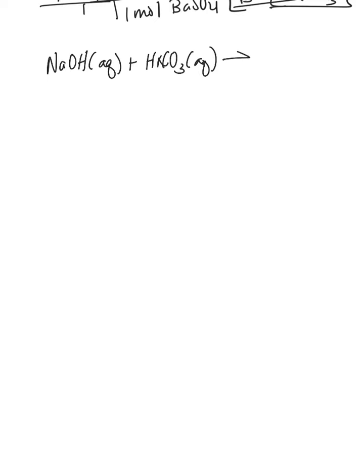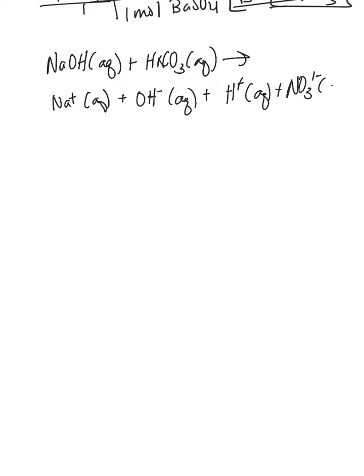So when you have a strong acid and a strong base, let's break them up into charges. Sodium breaks up into its ions, hydroxide breaks up into its ions, the acid breaks up into H+, and then nitrate breaks up into its anion.